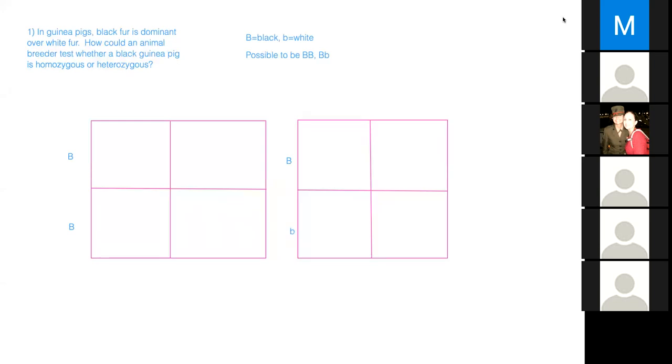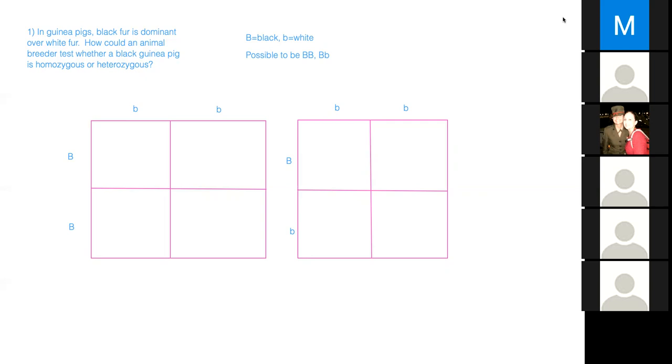So this is the other possibility. And we're crossing this with a homozygous recessive, which means it's going to be little b, little b. Does everybody see this? Yeah. Okay. So we have to account for both of these possibilities.